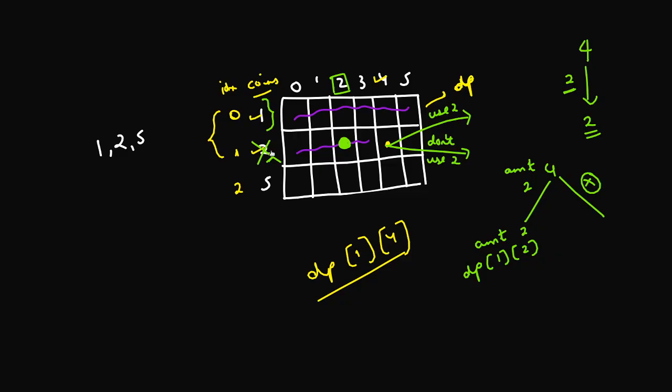And if I have to just use this coin and I still have to make the amount 4, this is what the answer will be. This is the value that I'm interested in, which, if you see, is DP of 0 of 4.